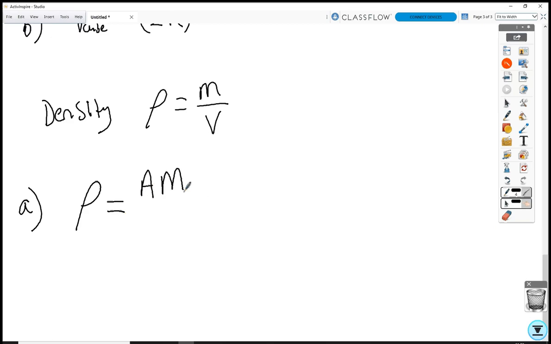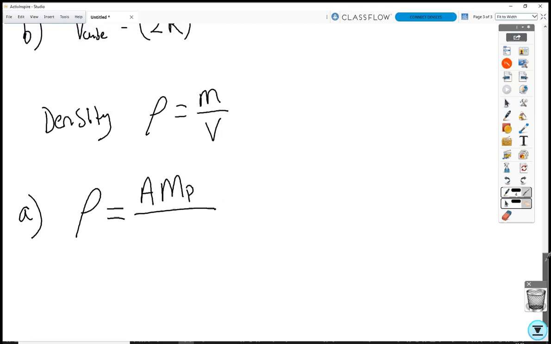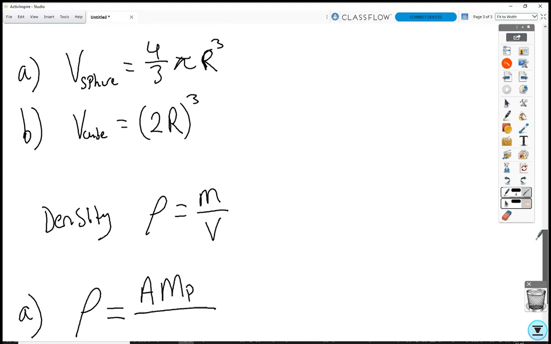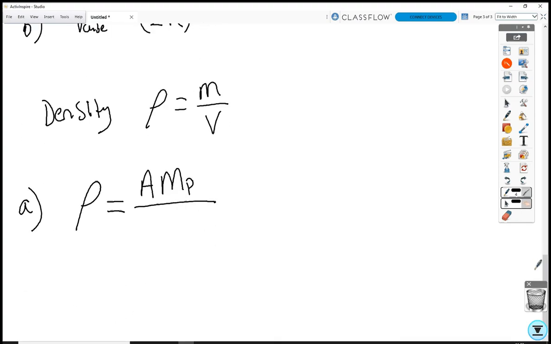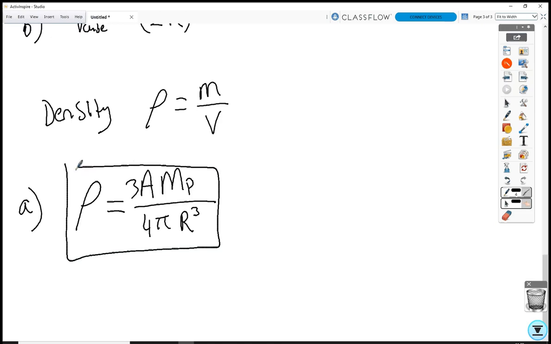So A times the mass of a proton, that gives us the total mass. And then the volume, which is what we had above, 4 over 3 pi R cubed. And then the 3 goes above. So this is the sphere.